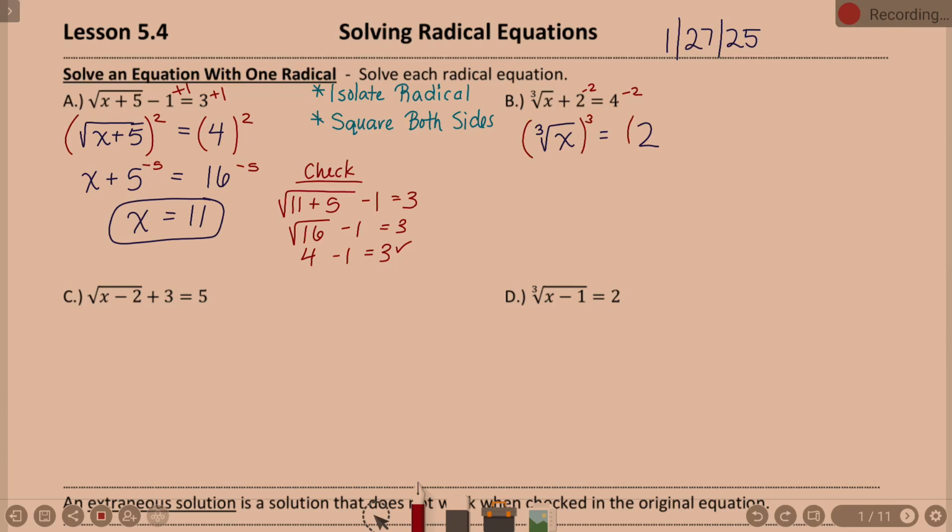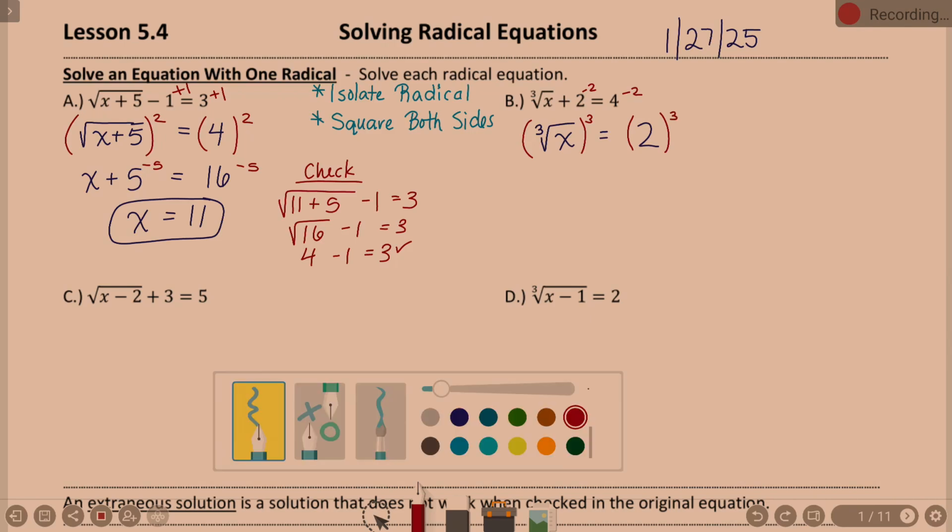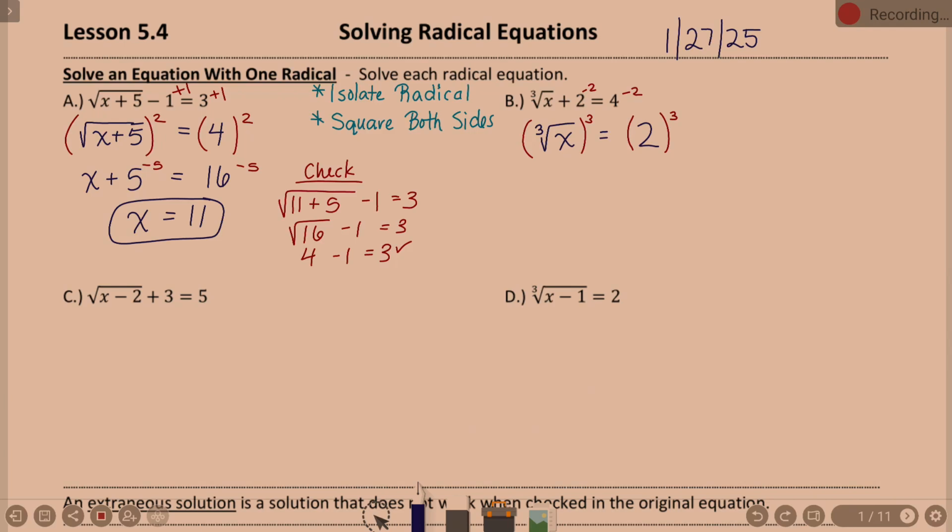And if you cube the left, you're going to cube the right. What do you get when you cube the cube root of x? X, right? A cube and a cube root cancel each other out. You get whatever's under the radical, so it's x. On the right, what do you get when you cube 2?